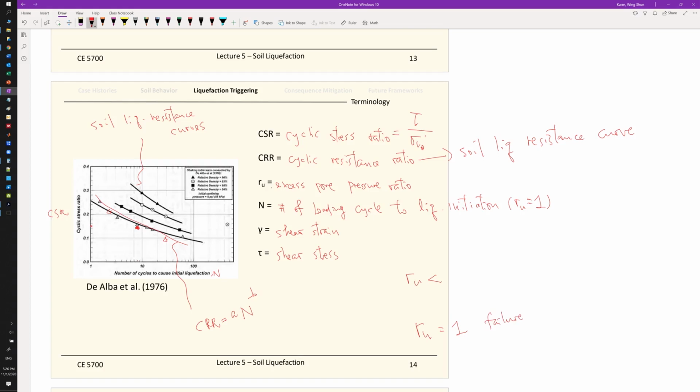But if it is less than 0.3, we consider this low, so this is still in the cyclic mobility range. When you get to 0.4 and 0.5, you still consider it maybe okay. But when you get to 0.6 to 0.9, it starts to be dangerous.